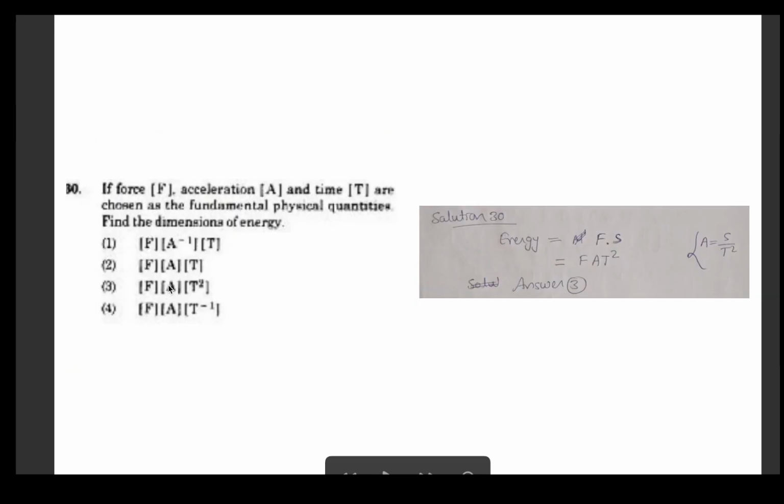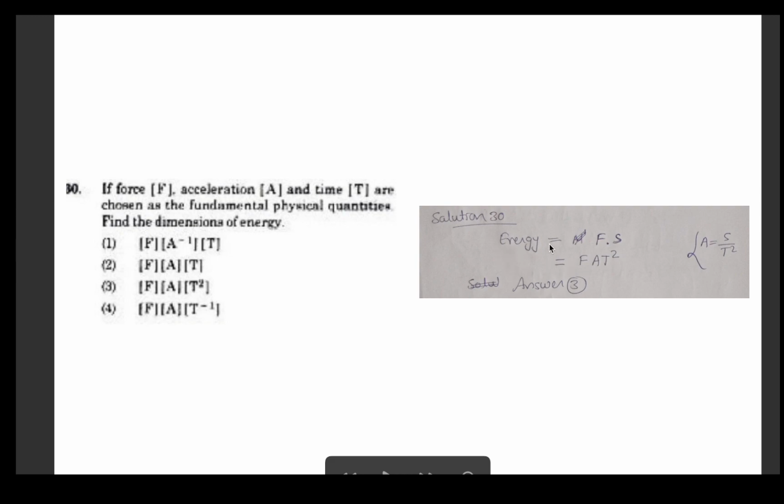In the 30th question, if force F, acceleration A and time T are chosen as fundamental physical quantities, find the dimension of energy. We can do this question by two methods, but for me this is much simpler.